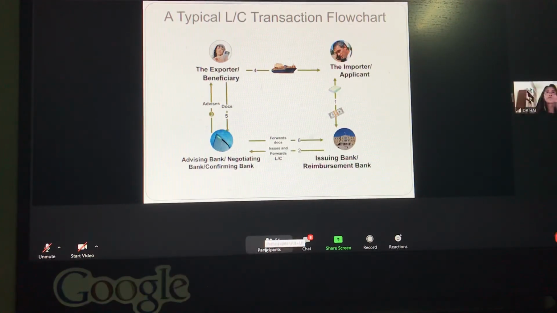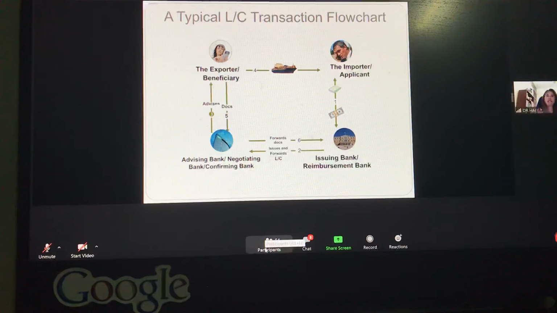Okay, so now come back to non-CP. I said that the issuing bank has the right to refuse payment, but if the importer, I mean the applicant, wants to pay, the issuing bank will pay.